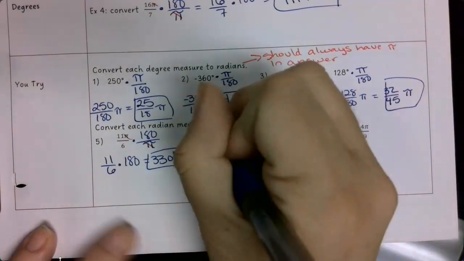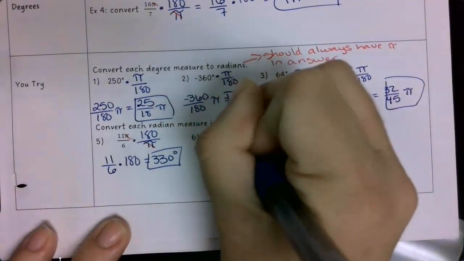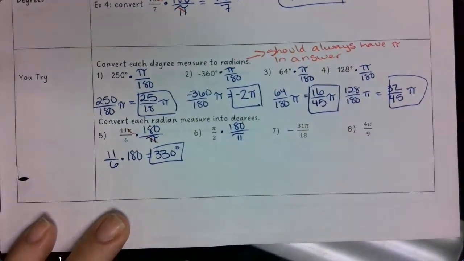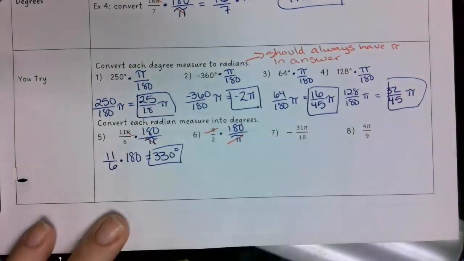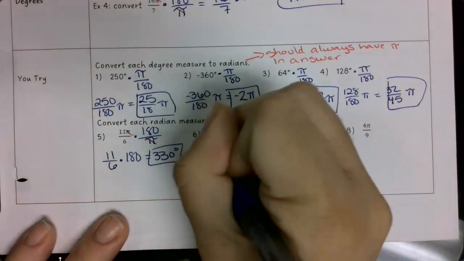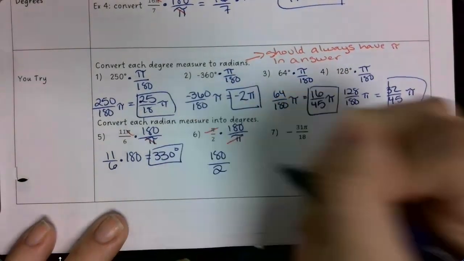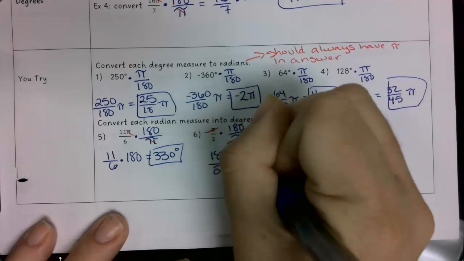Okay, same idea for number 6. I want to multiply by 180 over pi. My pi's cancel out, so I'm really doing 180 divided by 2, which is just 90.